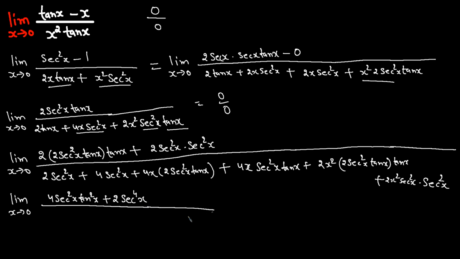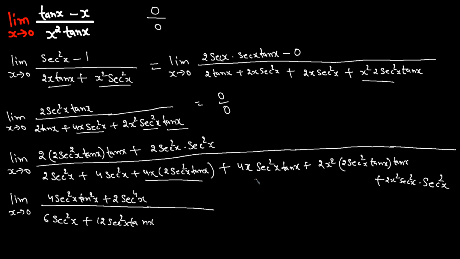And in the denominator, I got 2 secant square x plus 4 secant square x gives me 6 secant square x, and this is 4 times 2, 8x secant square x tangent x, plus 4x secant square x tangent x gives me 12x secant square x tangent x.